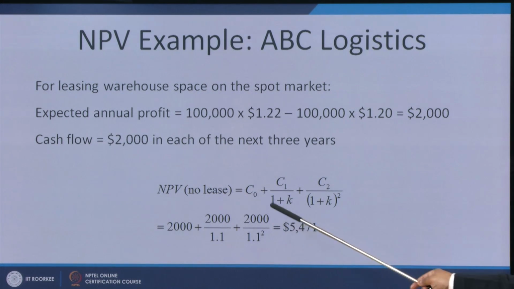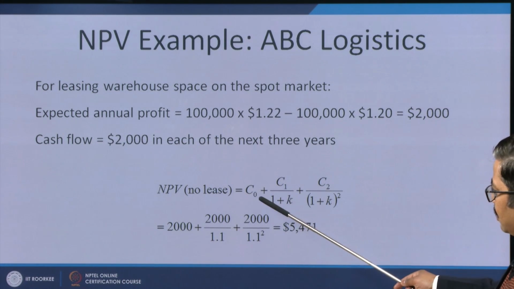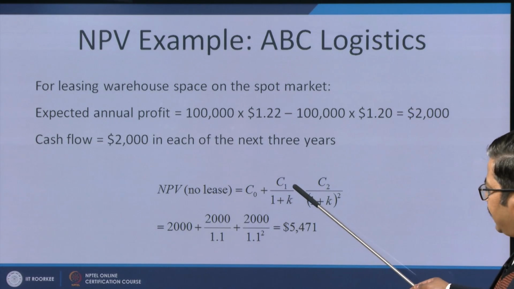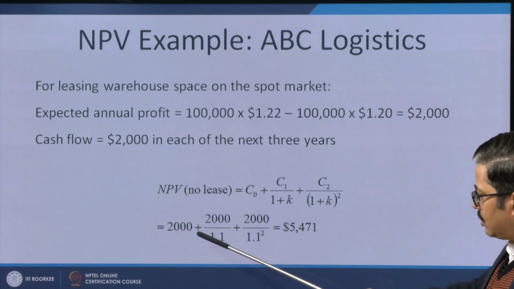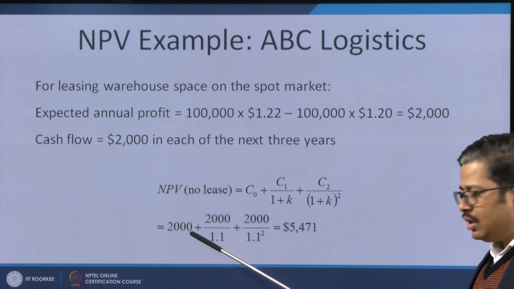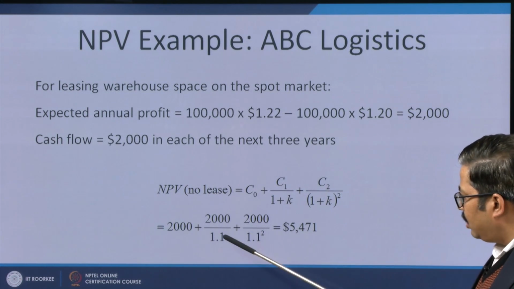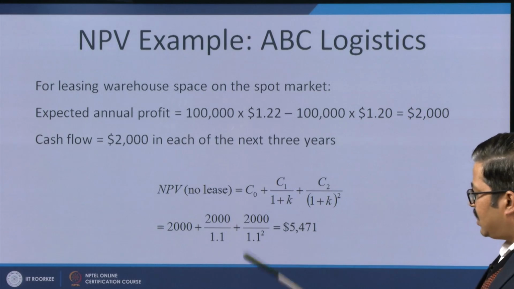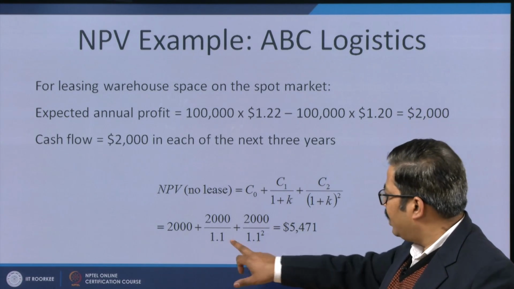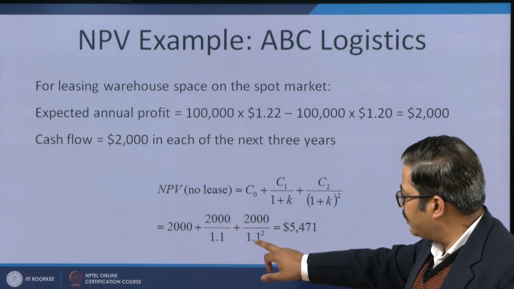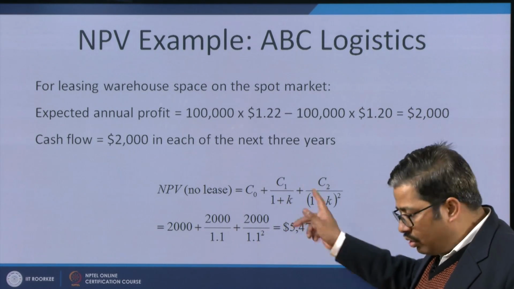So you have the same cash flows: C0 in the first year, C1 in the second year, and C2 in the third year. So C0 is 2000, then C1 is 2000 multiplied by 1 upon 1 plus k, that is 1.1, and C2 is 2000 into 1.1 whole square.